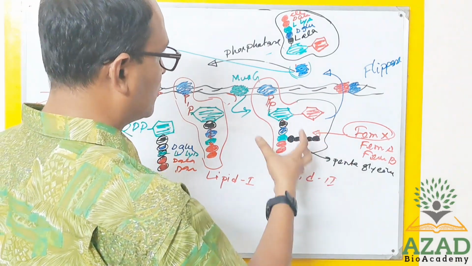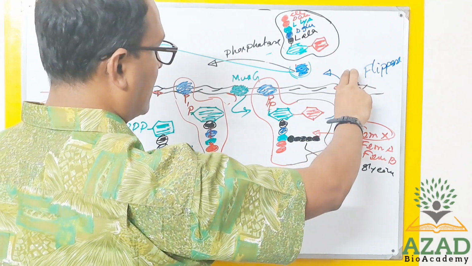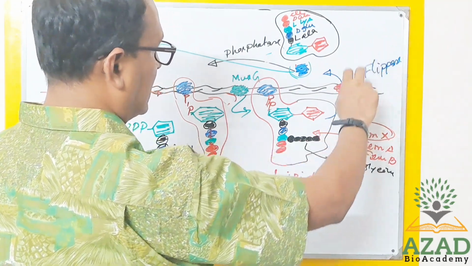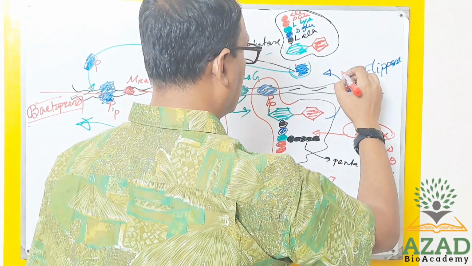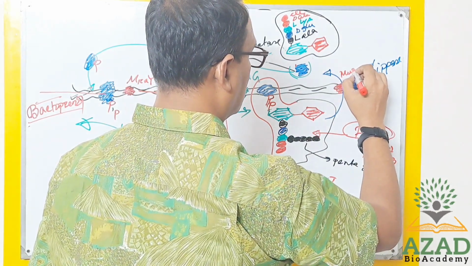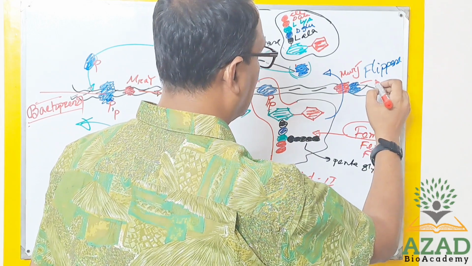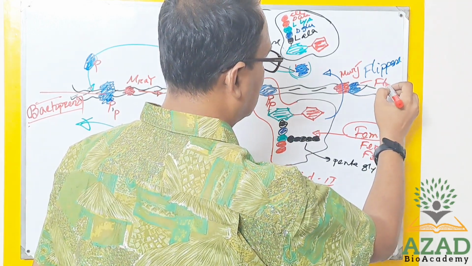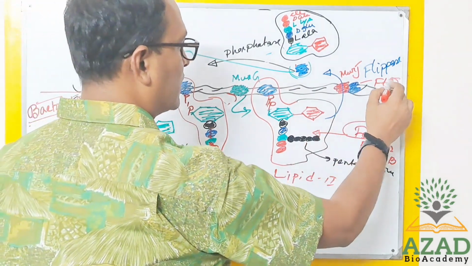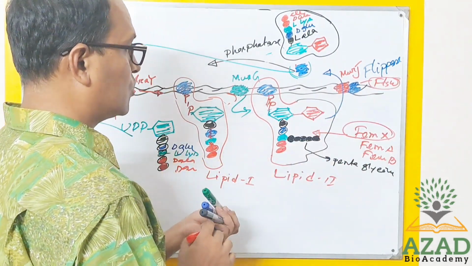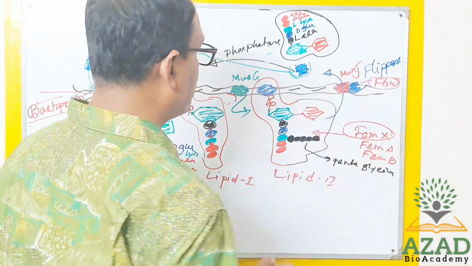that pentaglycine containing unit will flip out with the help of the flippase enzyme. The enzyme names are MurJ, and this one is FtsW, the two enzymes combined give the flippase activity.